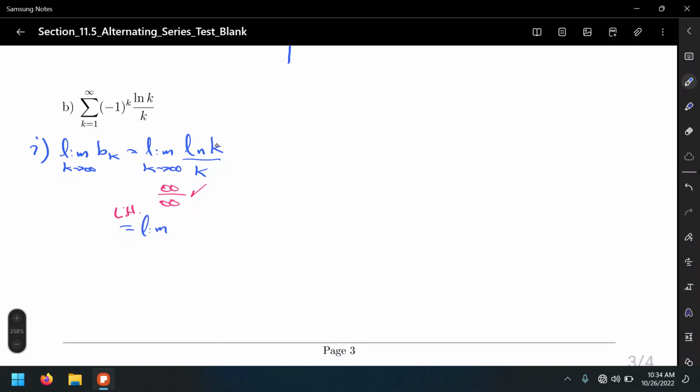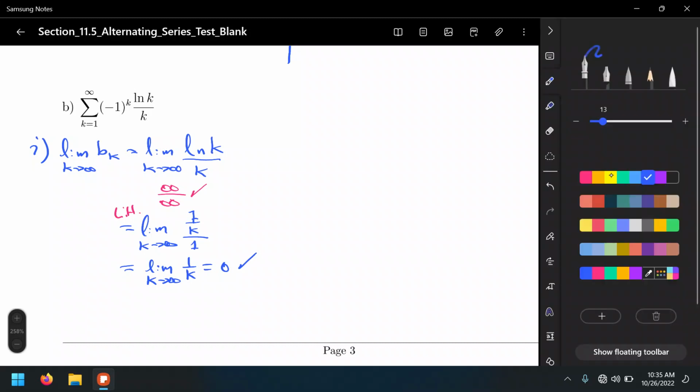So the derivative of ln of k, which is 1 over k, over the derivative of k, which is 1, as k approaches infinity. Rewriting this, it gives the limit of 1 over k as k approaches infinity, which is 1 over infinity, which is 0. So the first condition is satisfied. The limit of the sequence converges to 0.